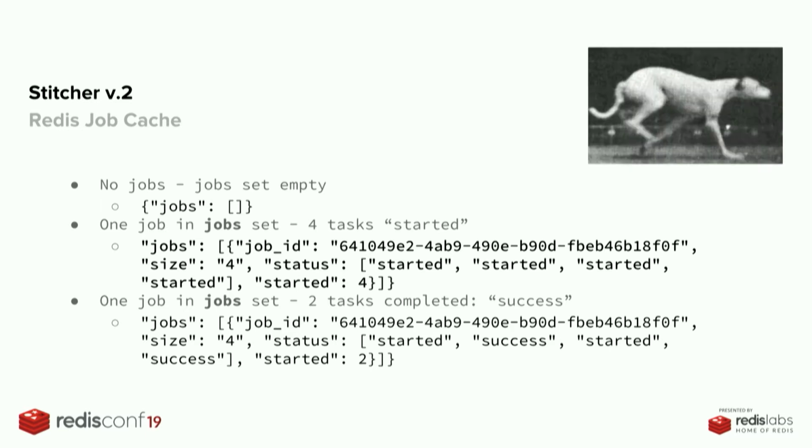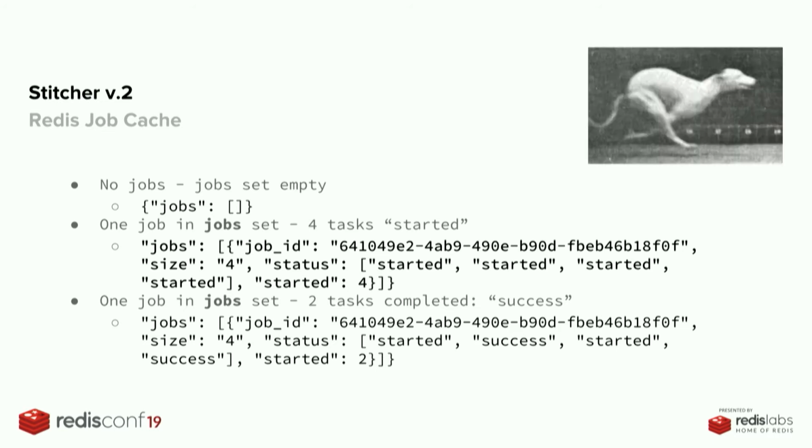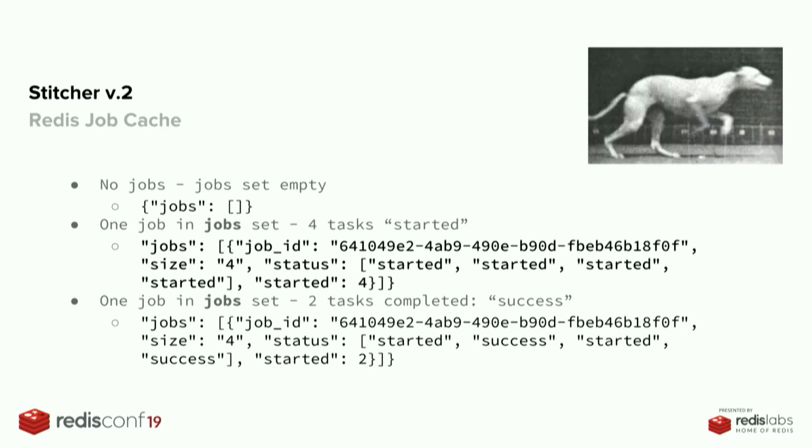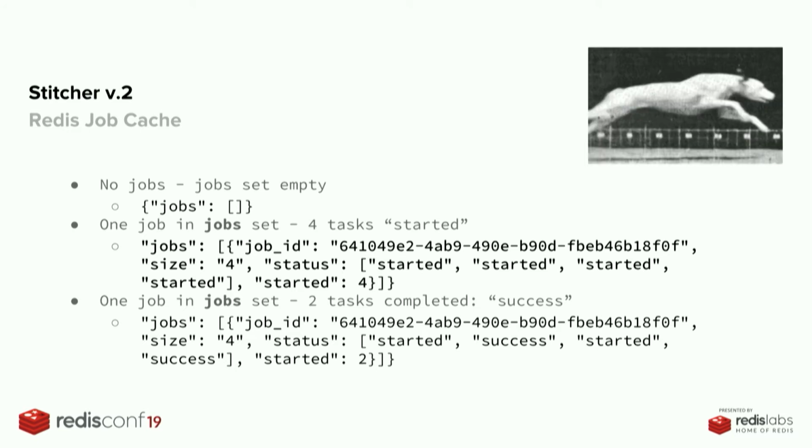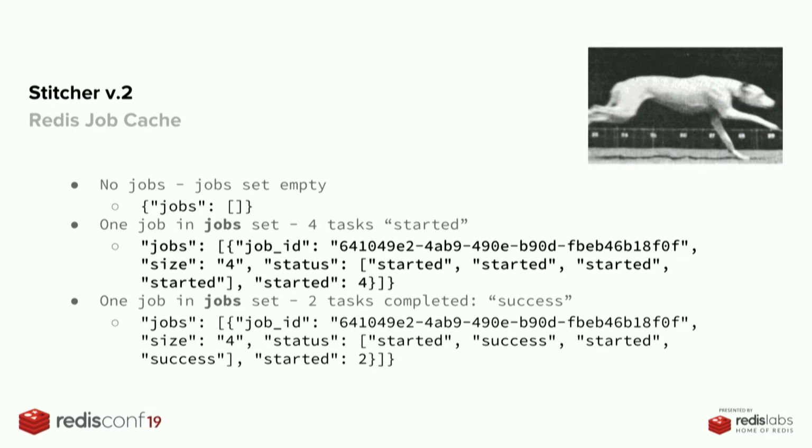All of them are started, they're ready to go, and so started is 4 also. And once the jobs start completing, each of those is setting its task to success. So we show here that the size is obviously still 4, but the started is only 2.